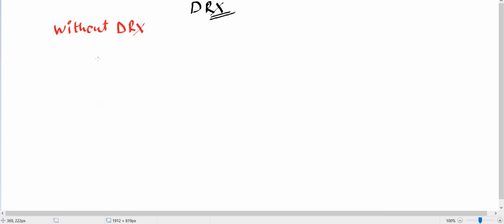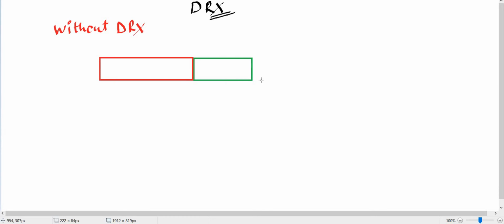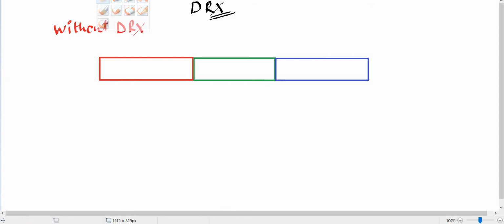I'm going to make some radio frames. So this is my first radio frame of 10 millisecond. I hope everyone is aware that in LTE a radio frame is of 10 millisecond. This is the next radio frame, and this is the next radio frame, and so on.